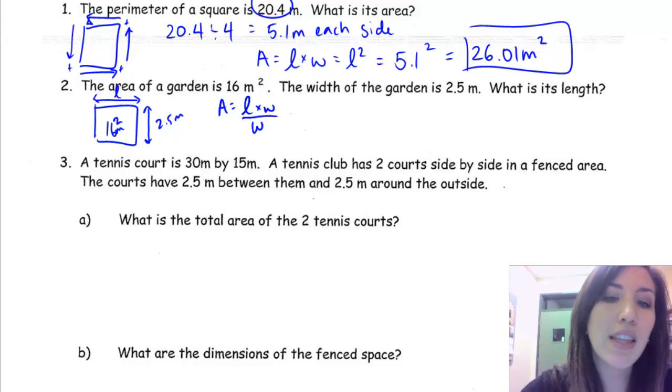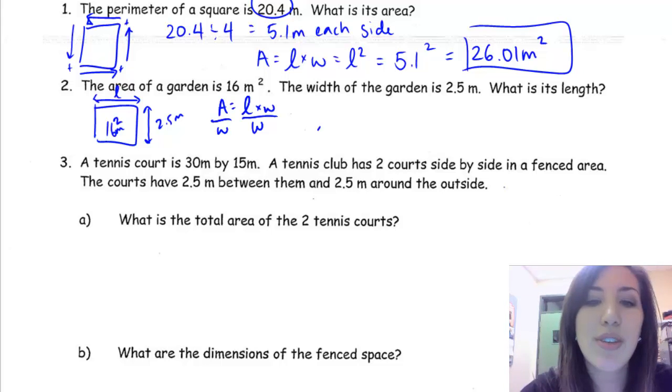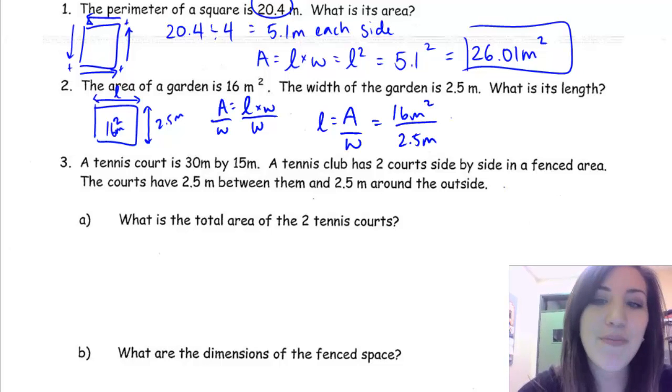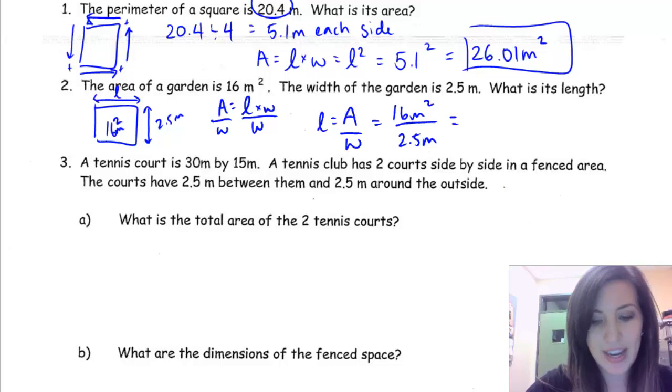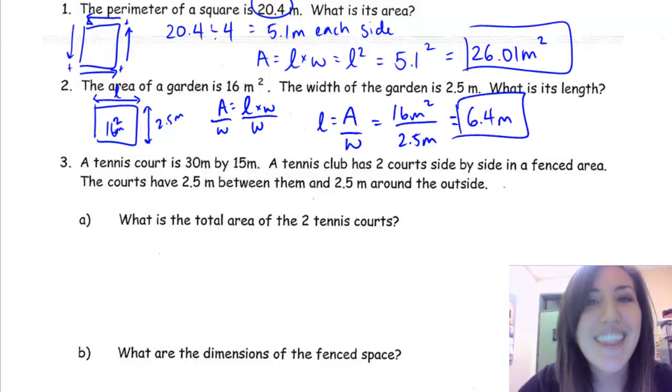To get length by itself, we can divide both sides by the width. Remember that whatever you do to one, you have to do to the other side. So now we end up with length equals area over width. We can plug this into 16 meters squared over 2.5 meters. And we get an answer of 6.4 meters in length.